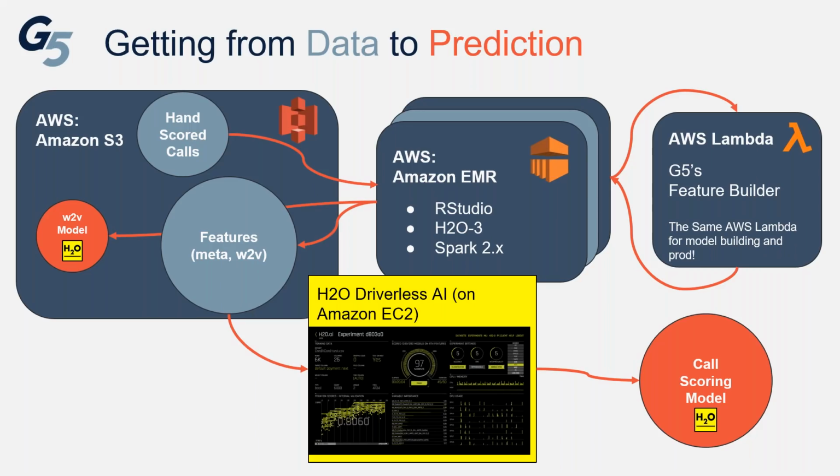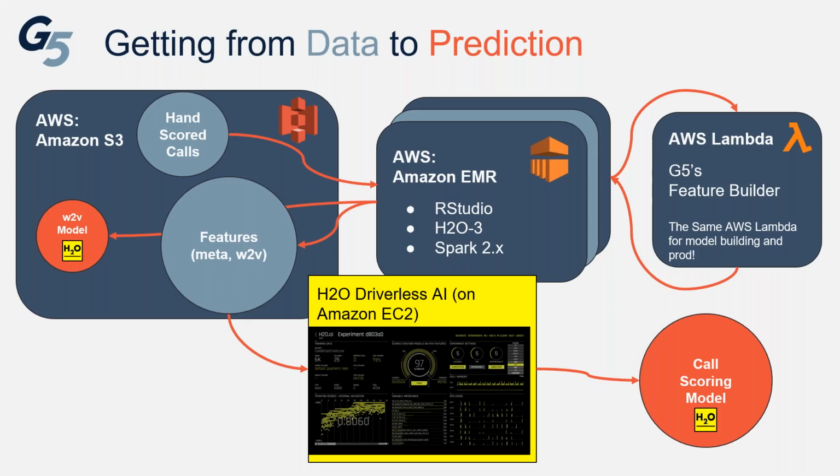From there, we spun up an AWS EMR cluster running our RStudio, H2O, and Spark. And we ingested the data and ran it through a feature building Lambda directly from EMR. And I want to pause there for a second just to say that there's a subtle but important component to that.